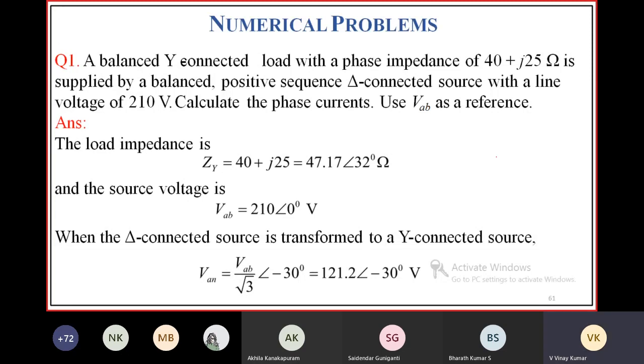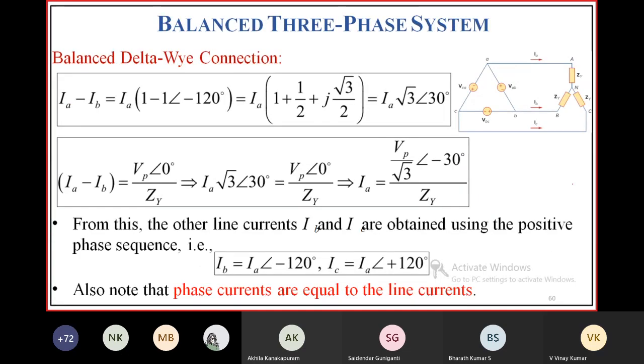Star connected load, delta connected source. Star connected source, star connected load.